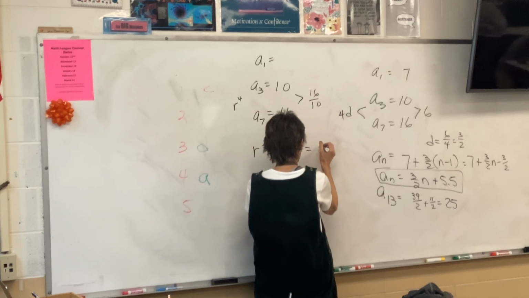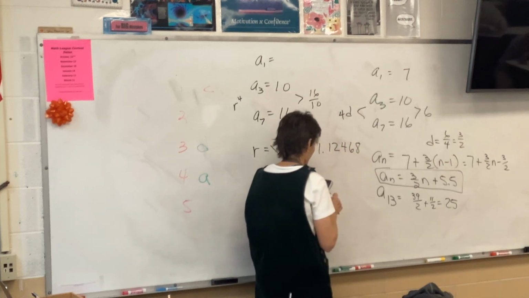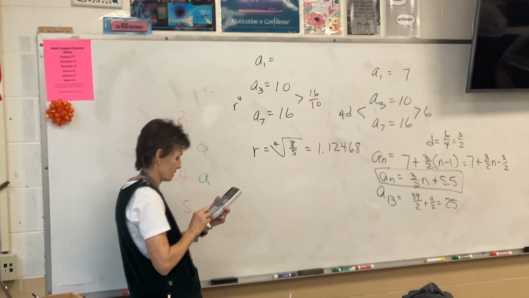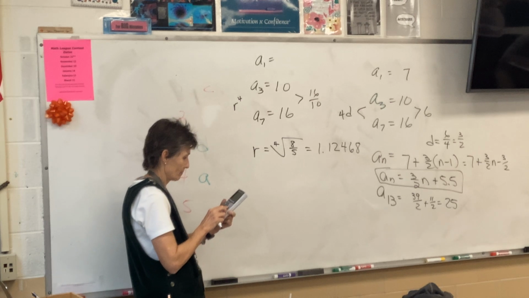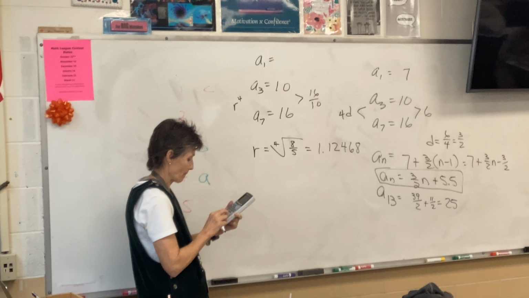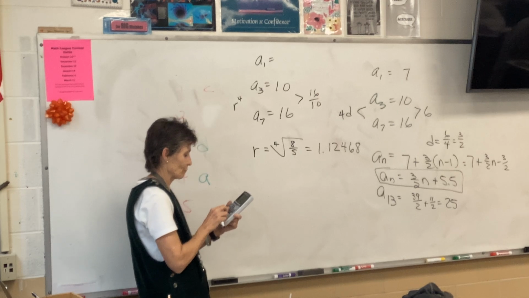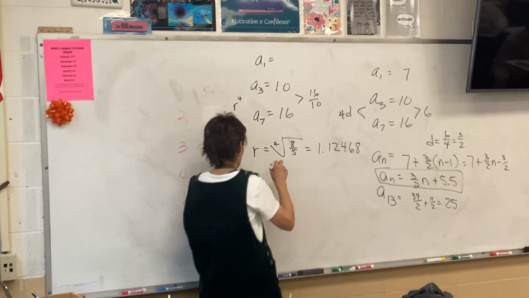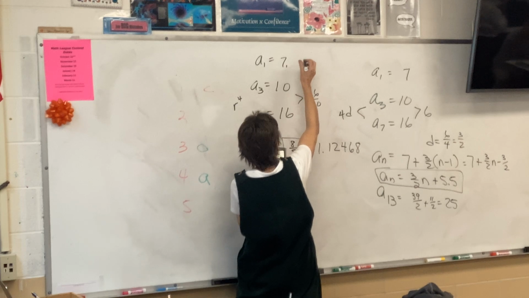Did you get your ratio to be about 1.12468? Yeah. And then you can divide by that. 1.12468 to be about 7.9057.